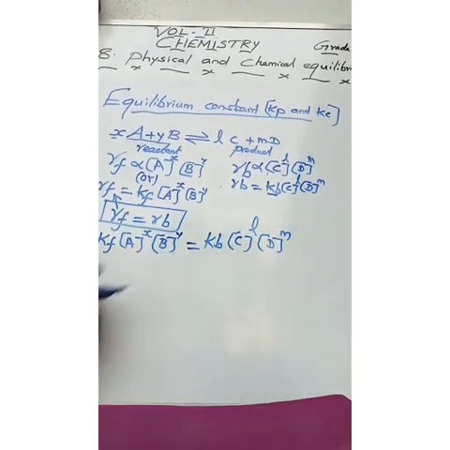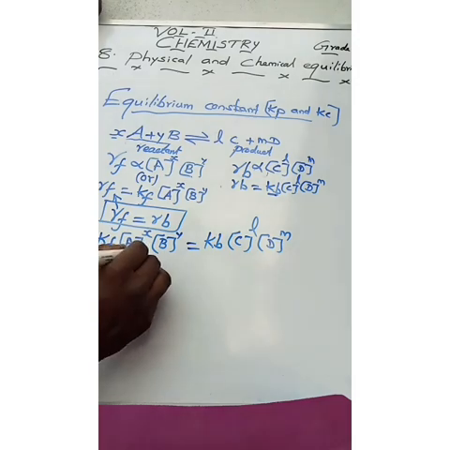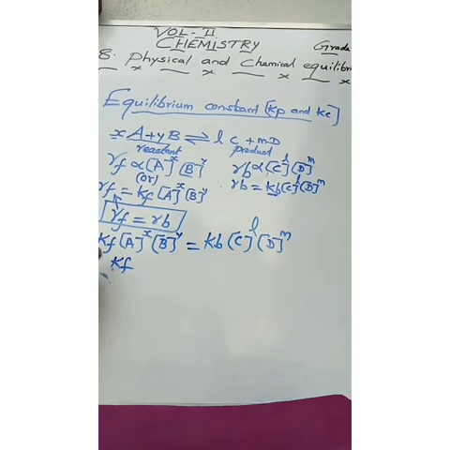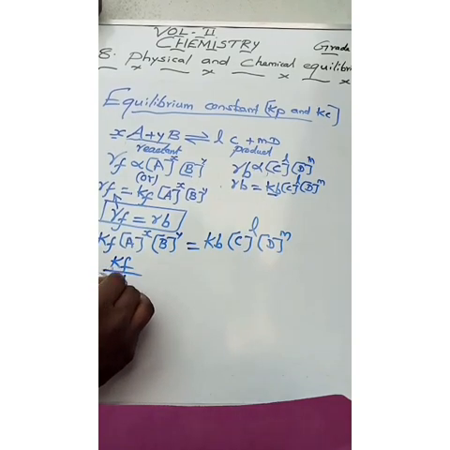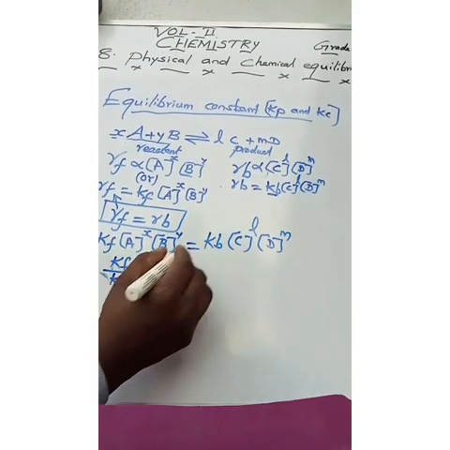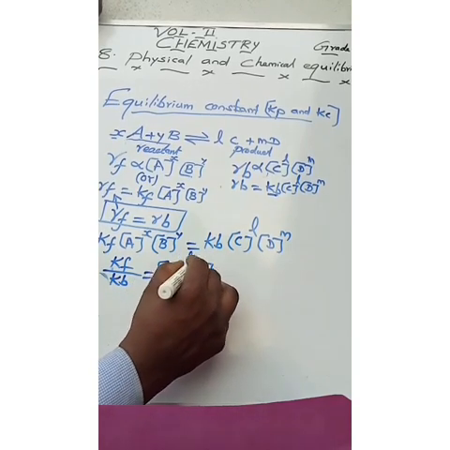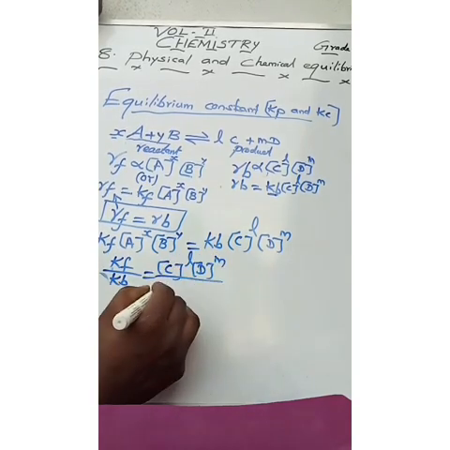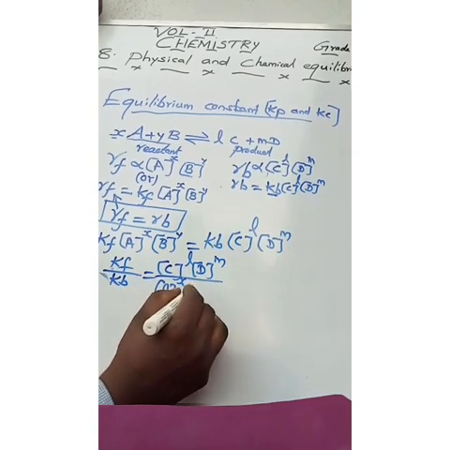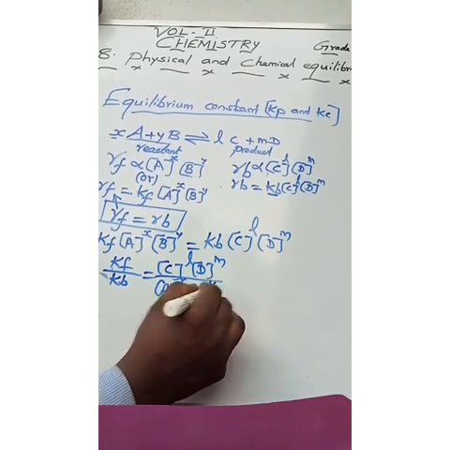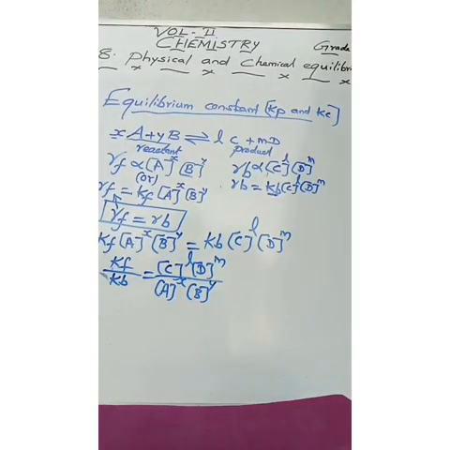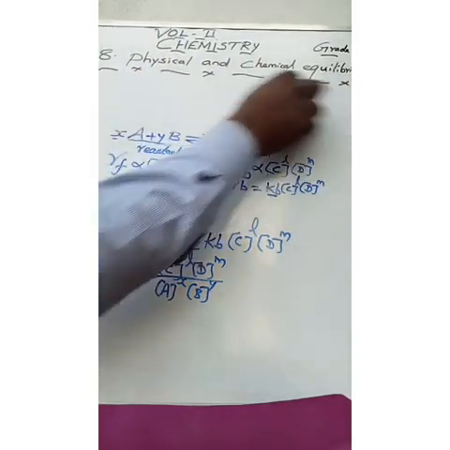Am I right? So from here we can take Kf by Kb. Kf by Kb is equal to C power L, D power M divided by A power x, B power y.